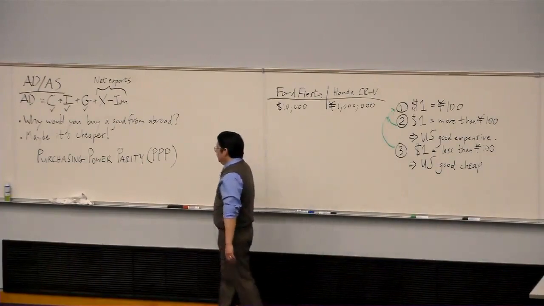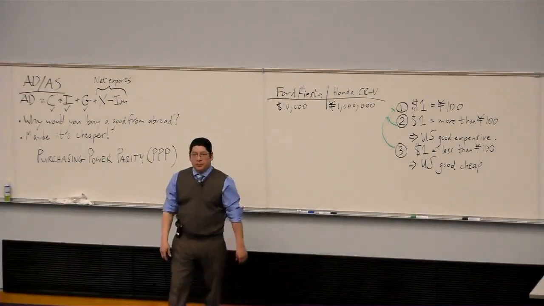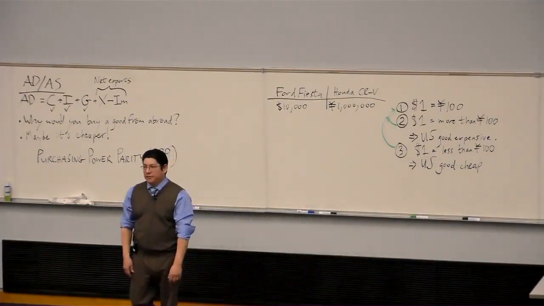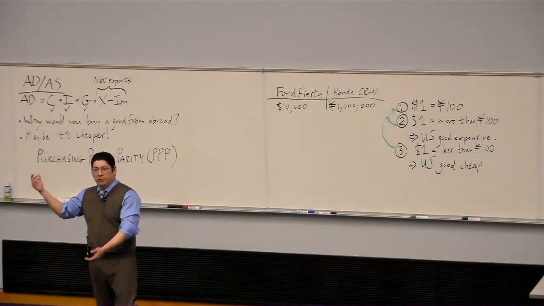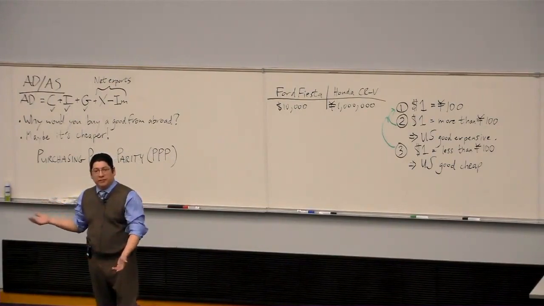So what do we call it when the price of goods in a particular place goes up by a lot compared to what it was before or compared to somewhere else? It's inflation, exactly.